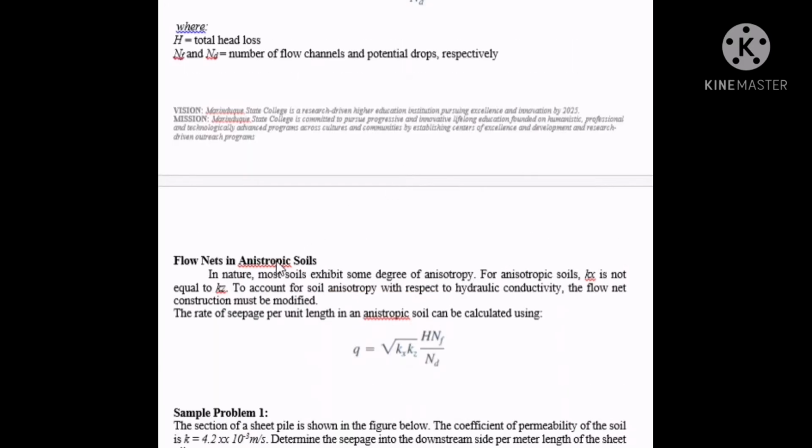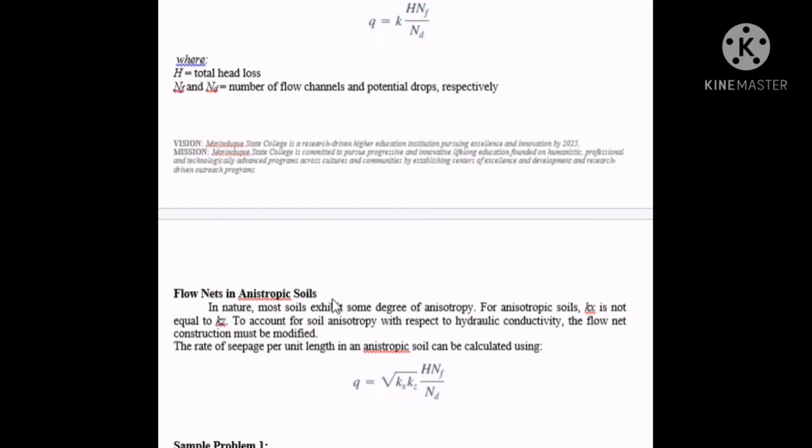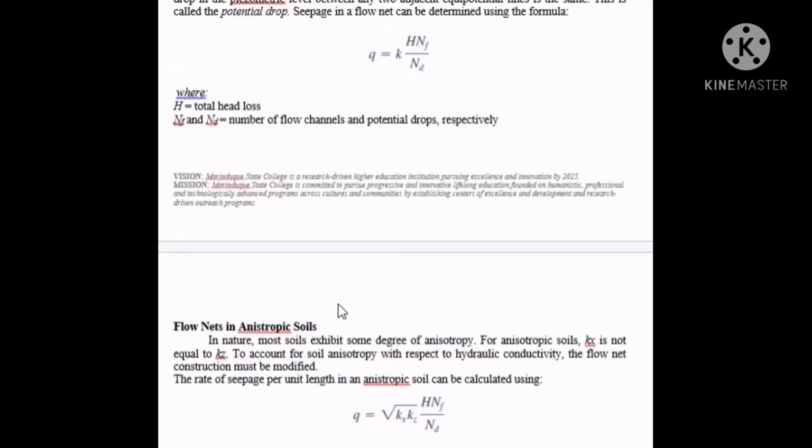We also have what we call anisotropic soils or non-isotropic soils. Yung sinabi ko nga na magkaiba yung permeability sa horizontal and vertical direction. Magkaiba yung Kx at Kz. So in nature, most soils exhibit some degree of anisotropy. So pag sinabing anisotropic soil, hindi pare-pareho yung flow ng tubig in all directions.